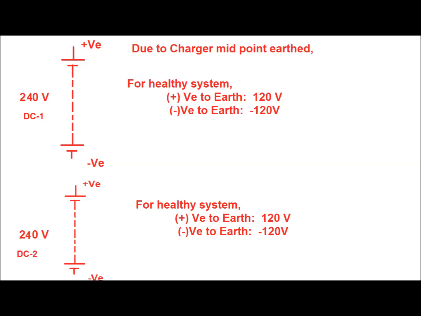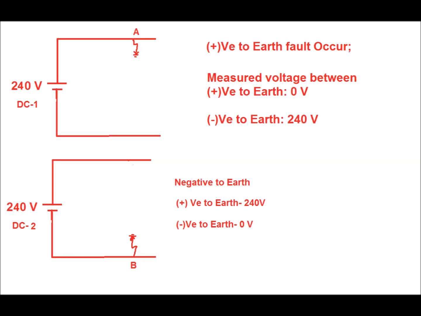Now whenever the DC is connected to the charger, in a healthy DC system the positive to earth voltage is 120 volt and the negative to earth voltage is minus 120 volt. This is true for both DC systems in the 400 kV and above voltage system.